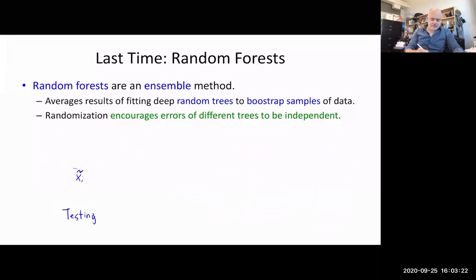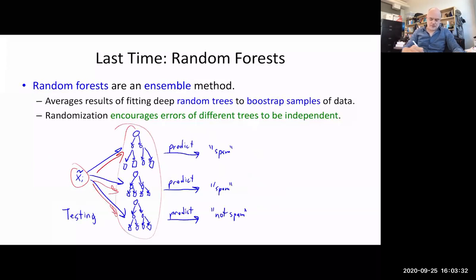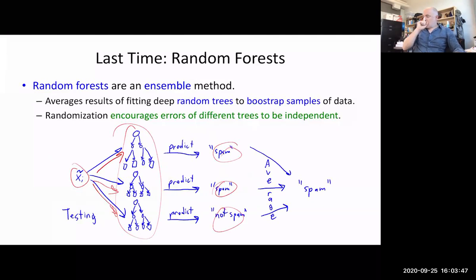At test time, we get some new feature vector that we'd like to assign a label to. We take it and shove it through each of the decision trees that we trained. This is the forest, that forest of trees. Each one makes some prediction, maybe spam or not spam in the case of email classification. And then we average the classification results, in this particular instance, by taking the median score.